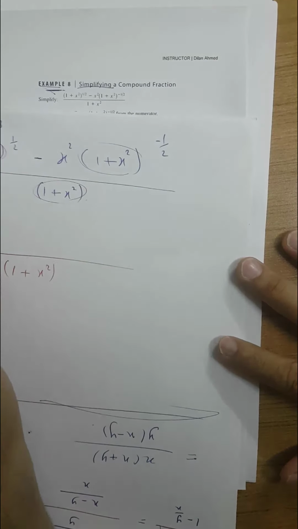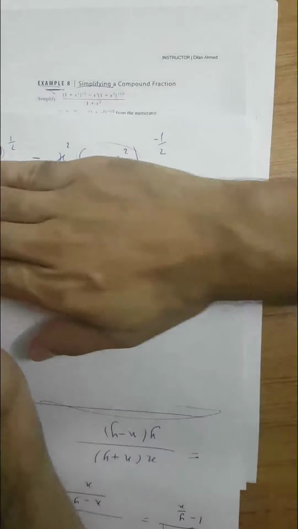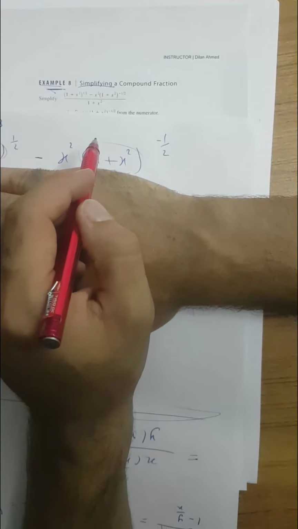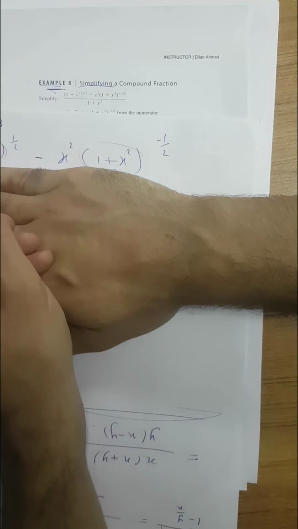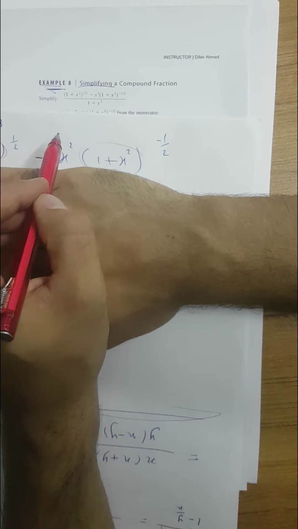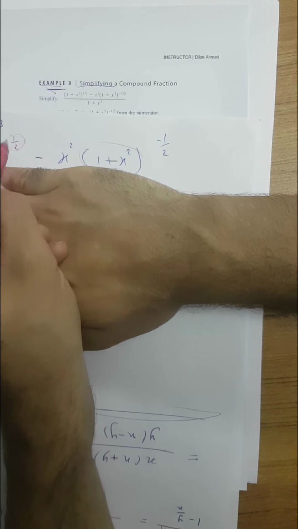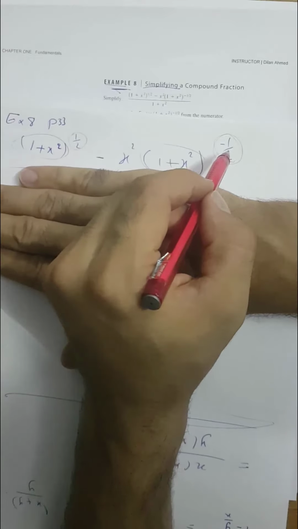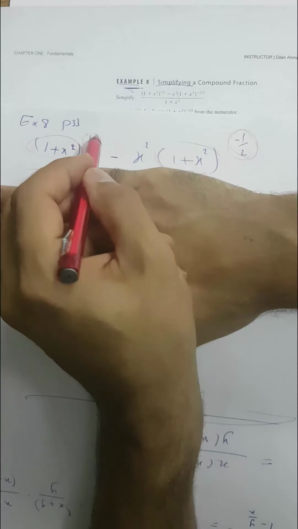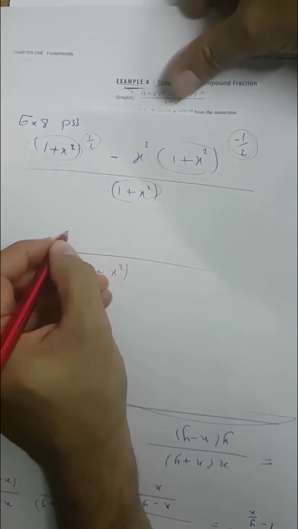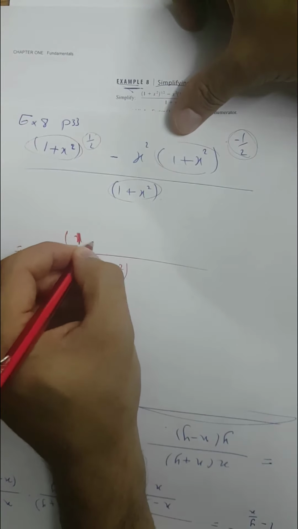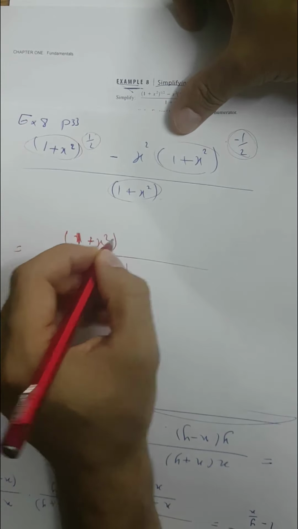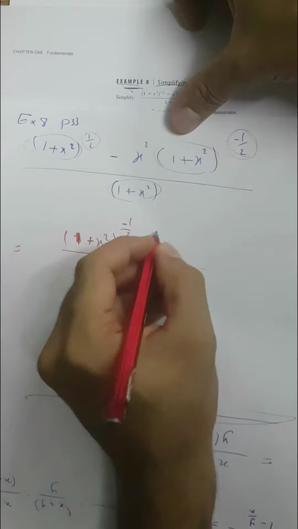Now how about the numerator? Think about this and that as our example 14 page 26. So I think these are our common. What's the trick? The trick is we took the smallest exponent. Which of them is the smallest exponent? I know this is the smallest, so I'll take it out: 1 plus x squared to the minus 1 over 2.